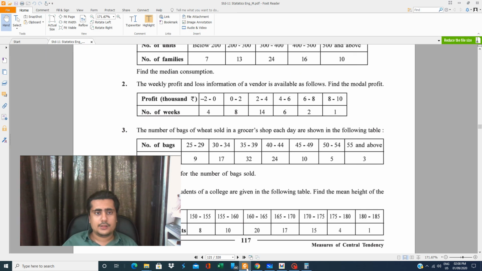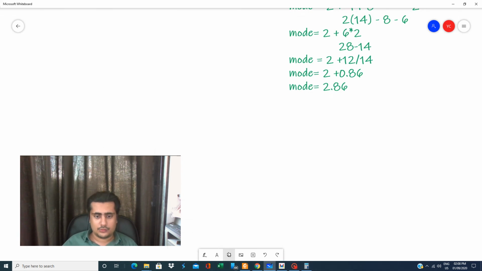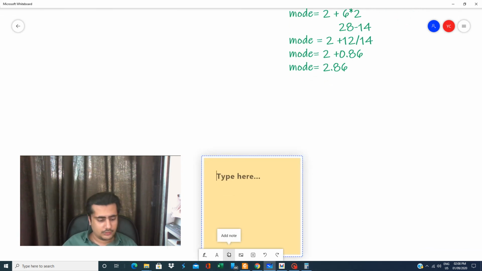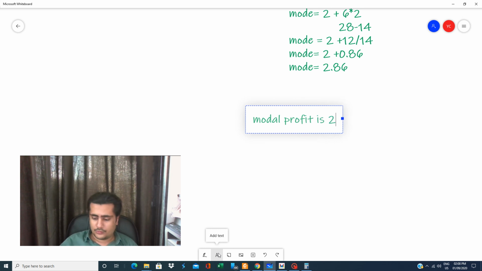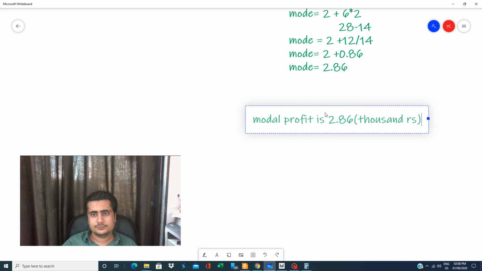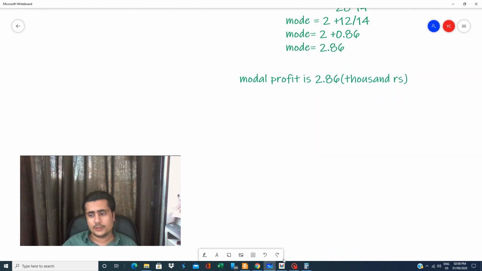It is profit in thousands. So your modal profit is 2.86 thousand rupees. What is your modal profit? It is 2.86 thousand rupees.